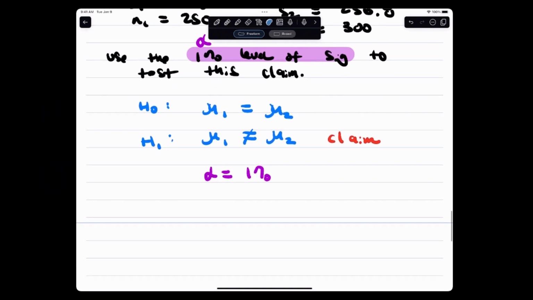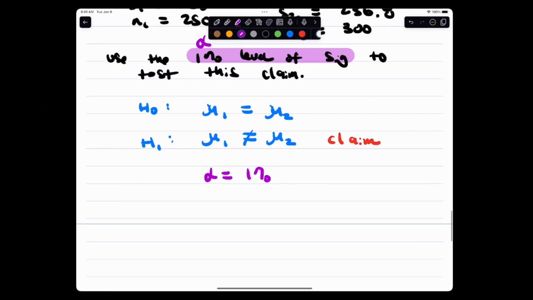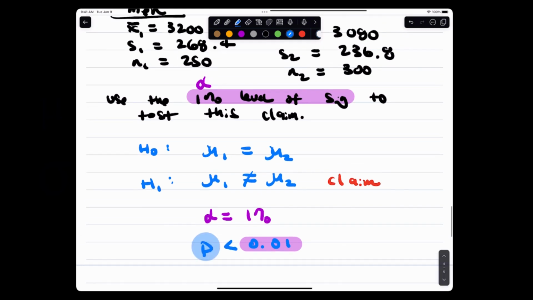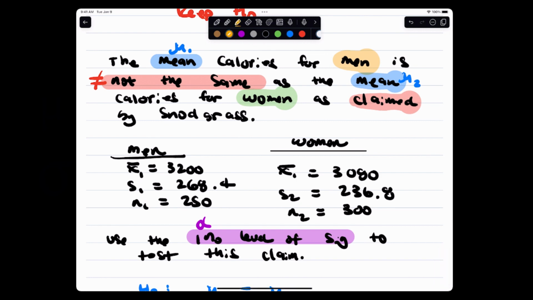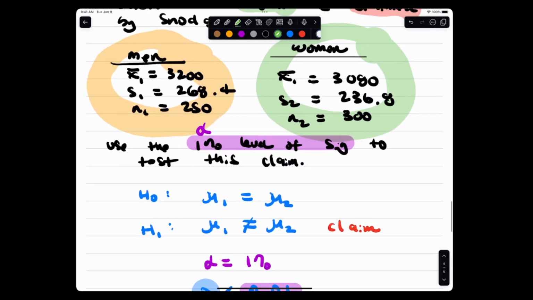So we're going to use the modern method, the p-value method, ladies and gentlemen. We're going to check, is p smaller than 1%? Is the p-value less than that 1%? Okay.